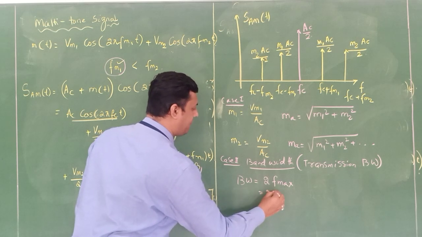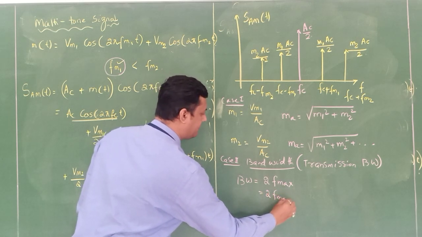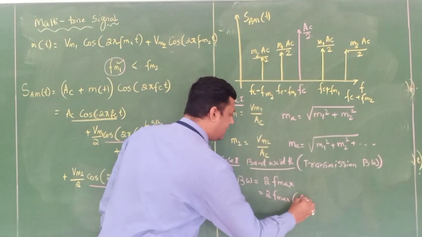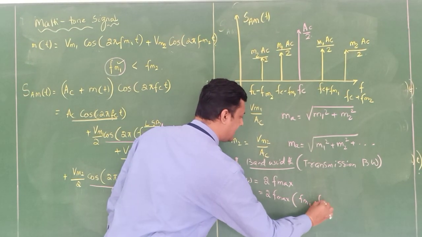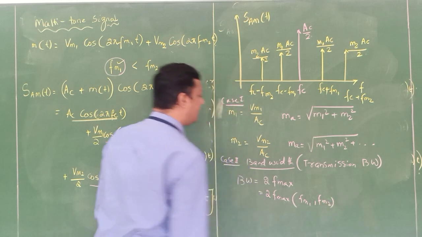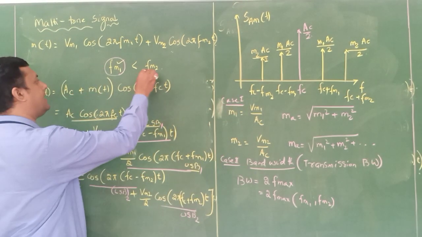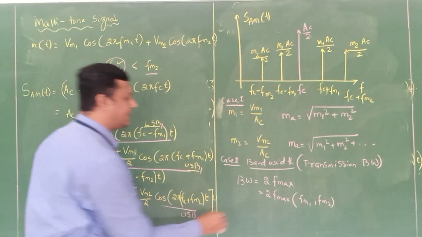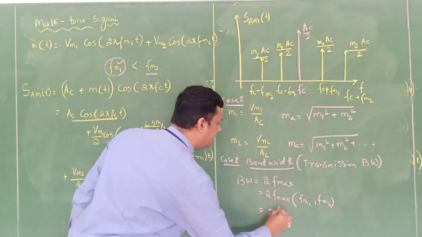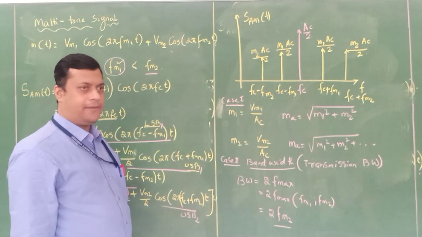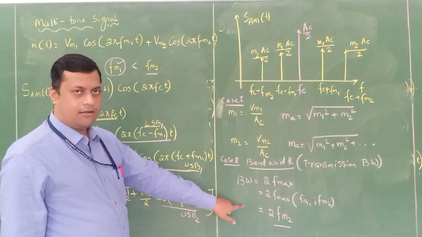Okay. So what is Fmax? Fmax means the maximum frequency available in the modulating signal. As we have considered that Fm2 is greater than Fm1, that means my bandwidth will become twice Fm2. Okay? This is the theoretical calculation.